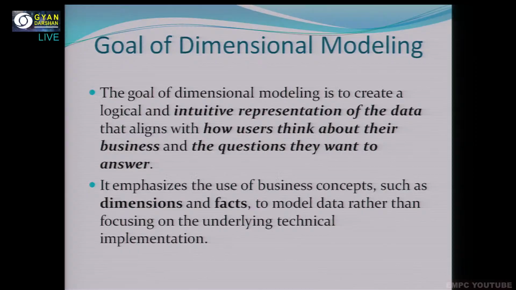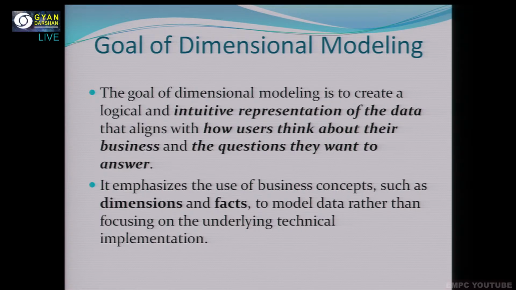So let us see the goal of dimensional modeling. The basic goal is to create a logical and intuitive representation of the data that aligns with how users think. So dimensional modeling is very near to the human thought process.